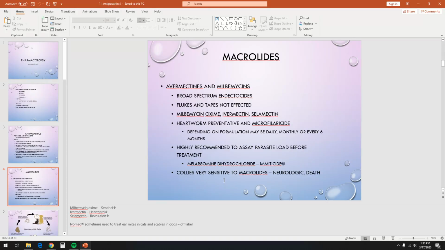This MDR1 gene that these dogs can carry can cause neurological death when given these ivermectin based products. And so there are tests that we can run beforehand on these critters to make sure that they don't have it before we start breeding them. But again, sometimes with our mixed breeds, we have to be very careful before we give it to them.